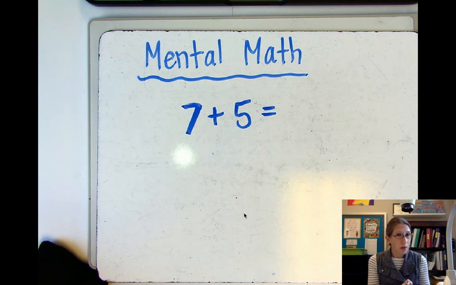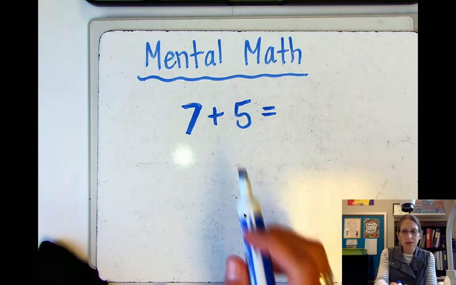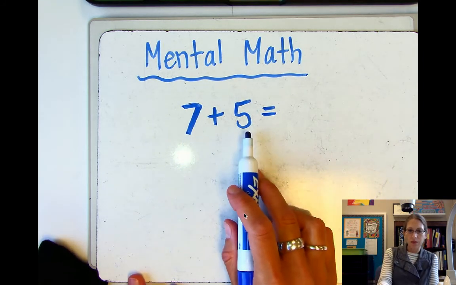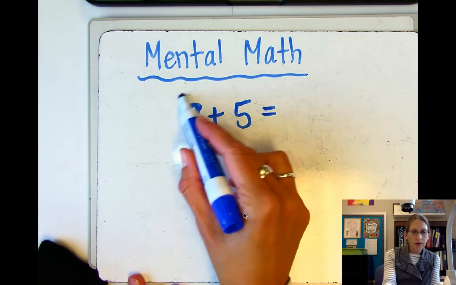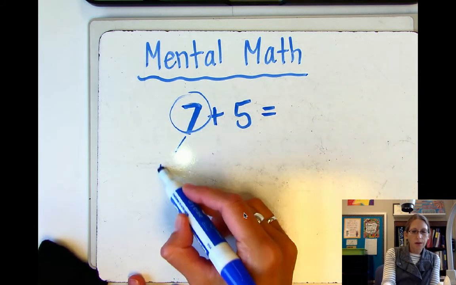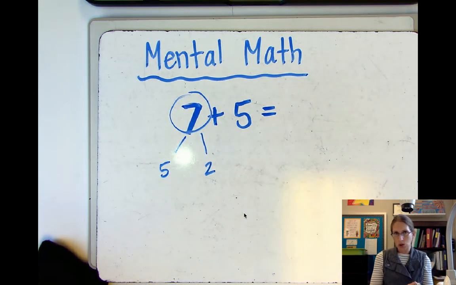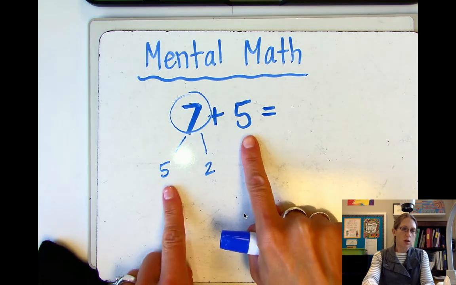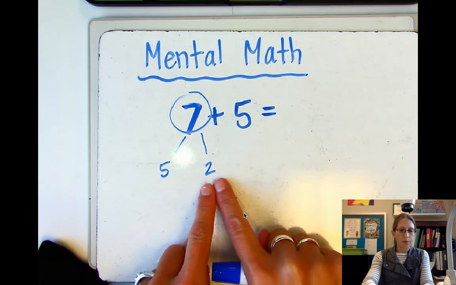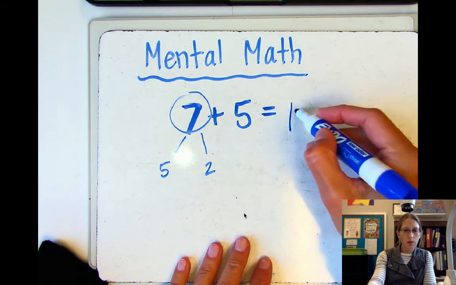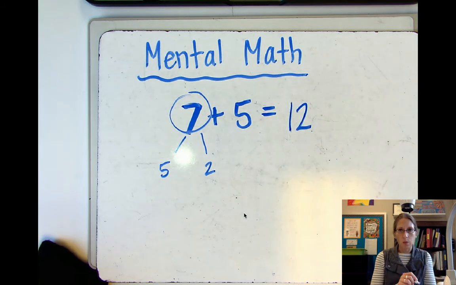So some of you might be thinking, well, when I see 7 plus 5, I like to think of the 7 as a 5 and a 2. I kind of split the 7 into a 5 and a 2, and then I know 5 plus 5 is 10, and 2 more is 12.